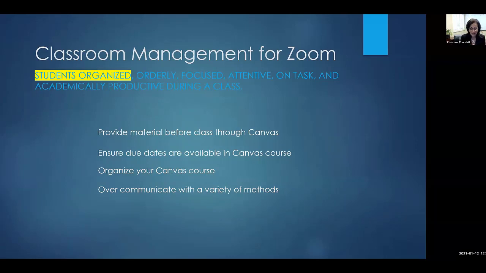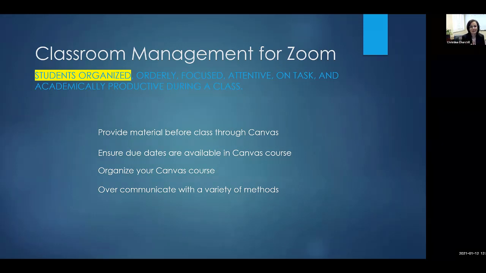Now, I'm a big proponent for using announcements in Canvas, because it gives you a way, as a student, I can always go back to the announcement. I know some professors just email their students, but if I was your student, you saw my email, I have so many emails flooding.